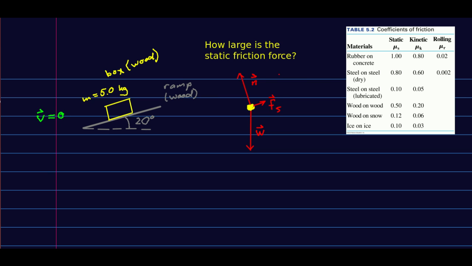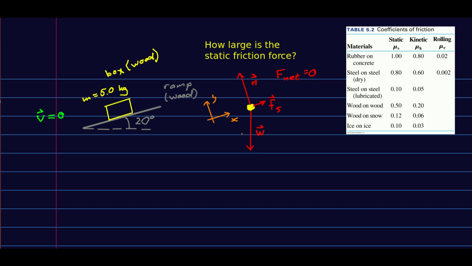But the big difference now is that this box is not accelerating, and so F net is 0. And again, it's going to be more convenient to work with tipped axes, because we have two vectors which are tipped and one that isn't.